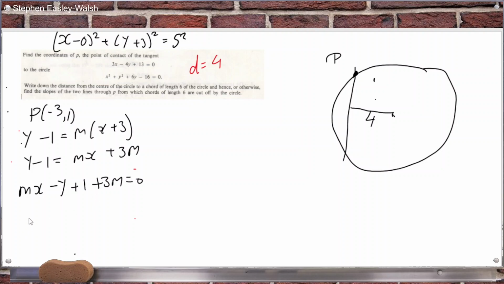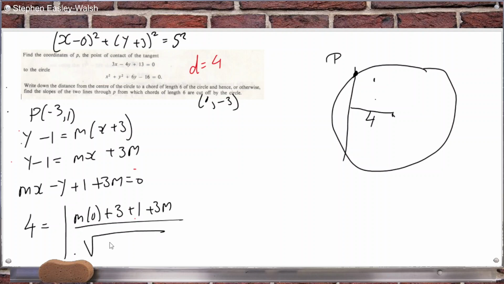The perpendicular distance has to be 4. And the center of the circle is 0, 3. So that would be m times 0 minus 3 plus 1 plus 3m, over the square root of m squared plus 1.